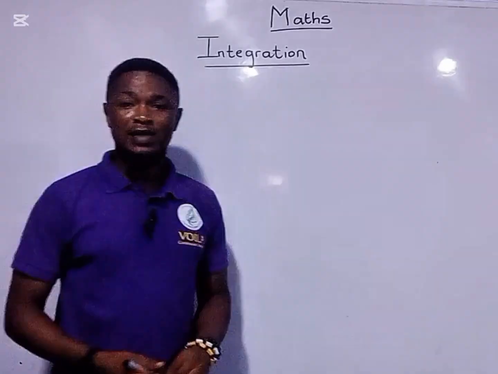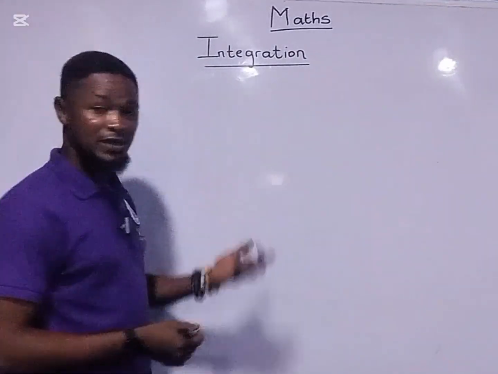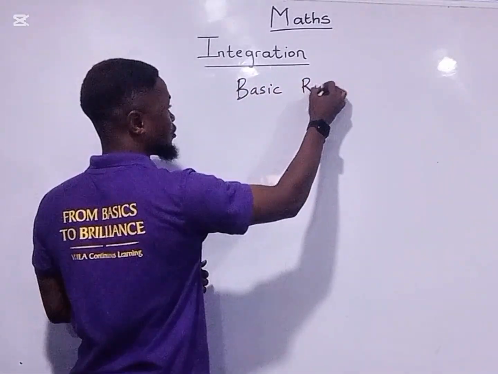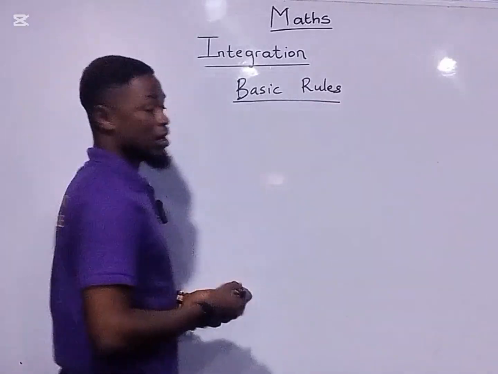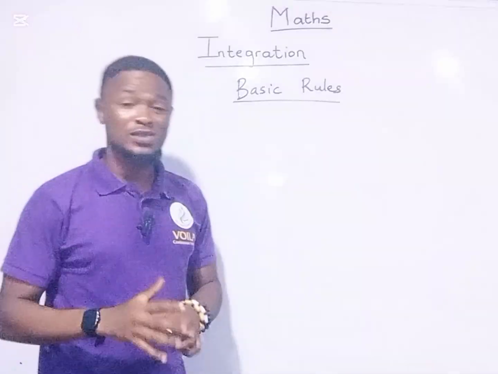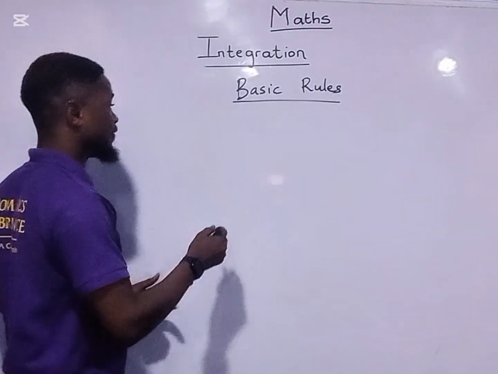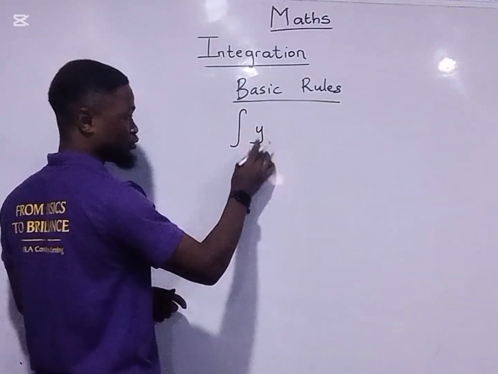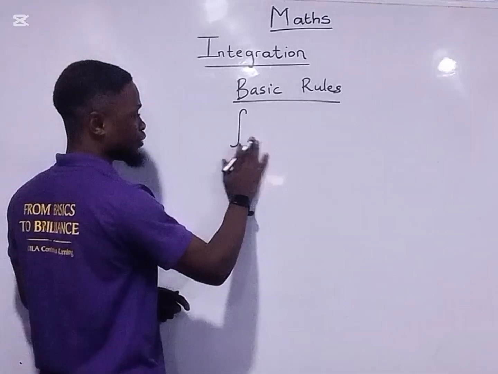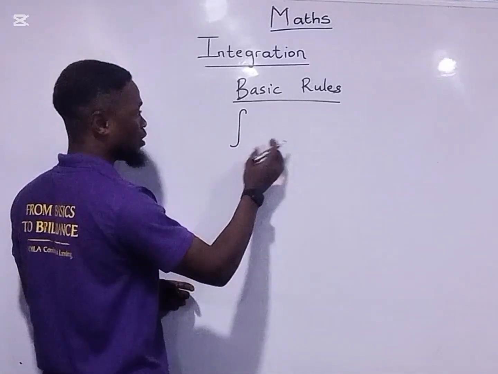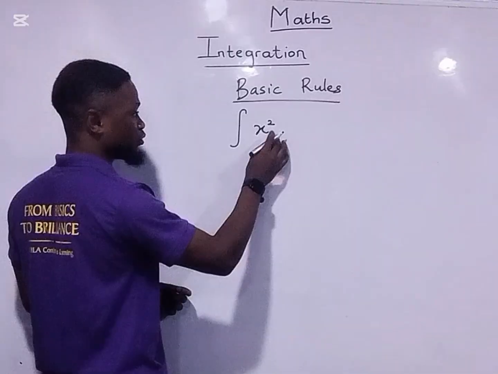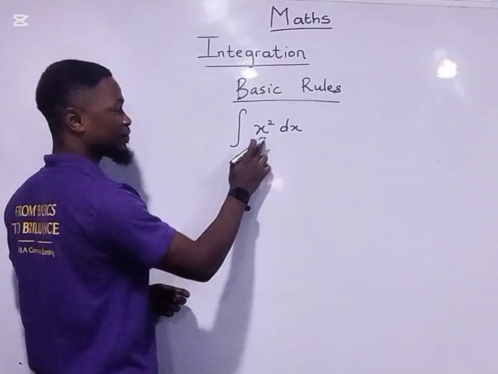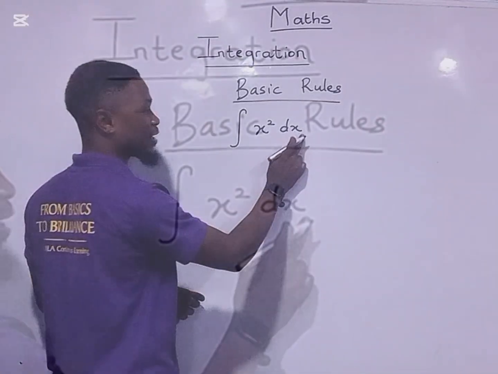All right, then let's look at the basic rules of integration. What are the basic rules when you want to integrate? The first one is the integration formula. If you're given a function to integrate, what it means is integrate this function with respect to x.